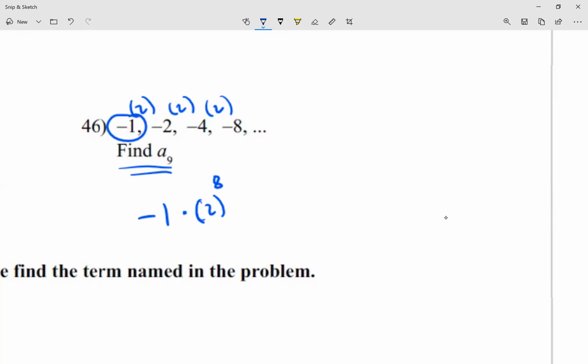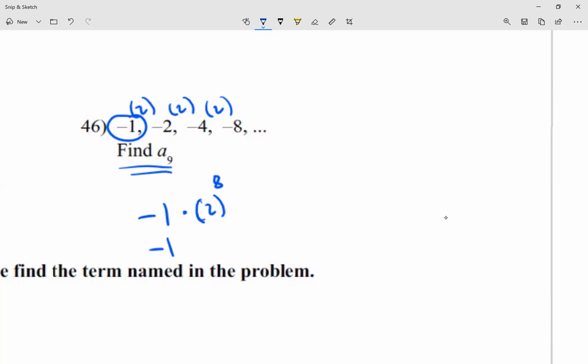But for multiplication, we write it as an exponent. Again, we start multiplying by 2 starting on the second number. So if I want to find the 9th number, I got to do it 8 times. I got to do exponent first. So let me find out what's 2 to the 8th. I know 2 to the 8 is 256.